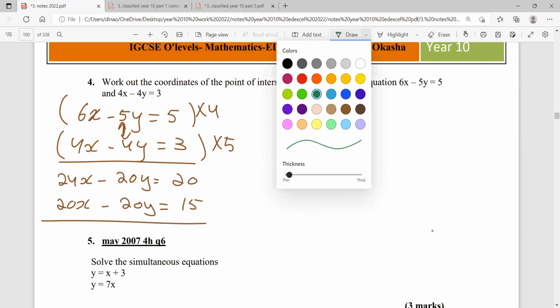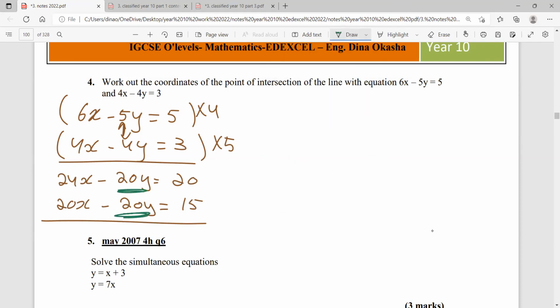So since the y's have the same sign, same subtract. 24x minus 20x is 4x. Negative 20 minus negative 20 is 0, so goodbye. 20 minus 15 is 5. So x is equal to 5 over 4.